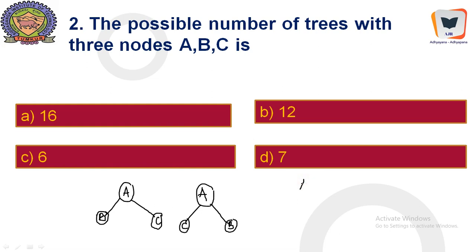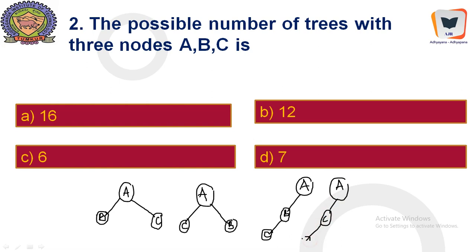And this kind of arrangement is also possible. A at the top, then B and C like this. Now, similarly, if you take A over here once again, it could be C over here and B over here.